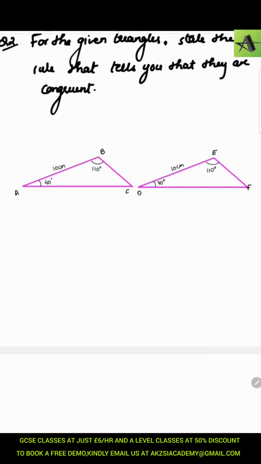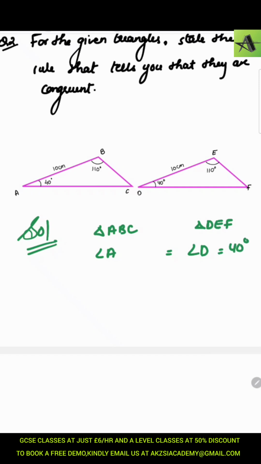Let me compare: on comparing triangle ABC and triangle DEF, clearly angle A equals angle D equals 40 degrees. They both are corresponding. Then side AB equals side DE equals 10 centimeters.